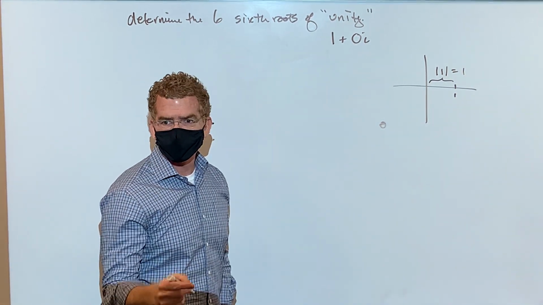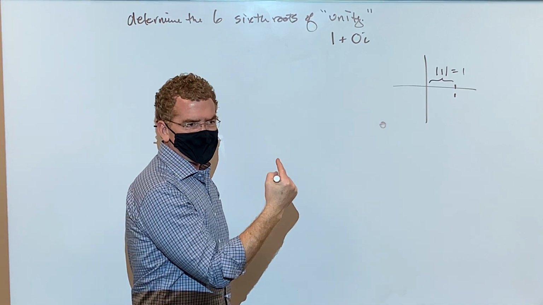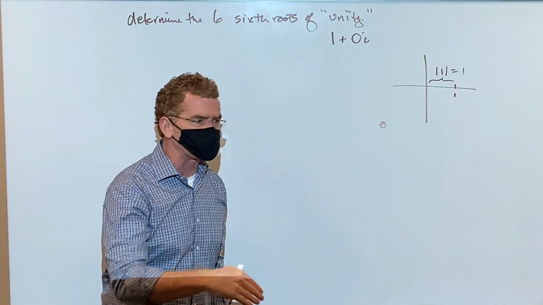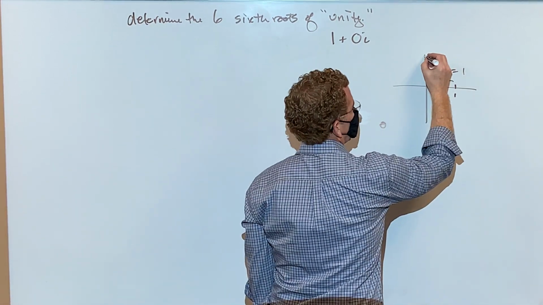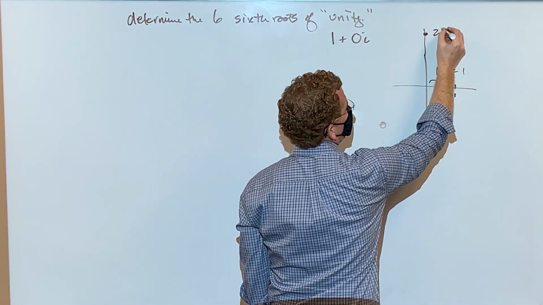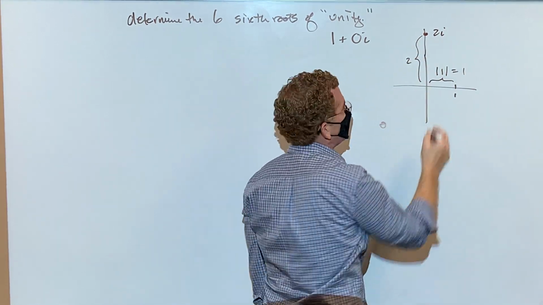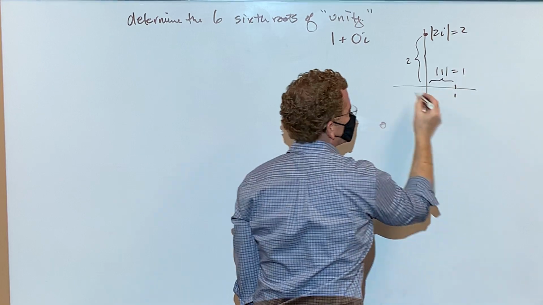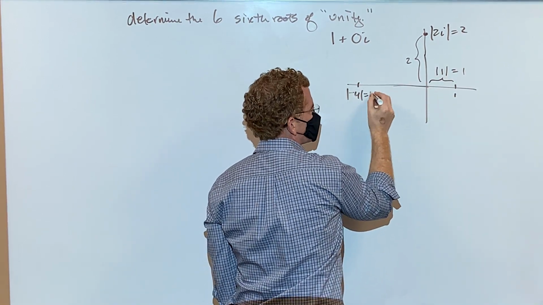And by the way, if it ever is something that is pure imaginary or pure real, you just drop the negative and drop the i. Like for instance, if the number was 2i, isn't the distance there 2? So absolute value of 2i is 2. If the number was like -4, we know absolute value of -4 is 4.